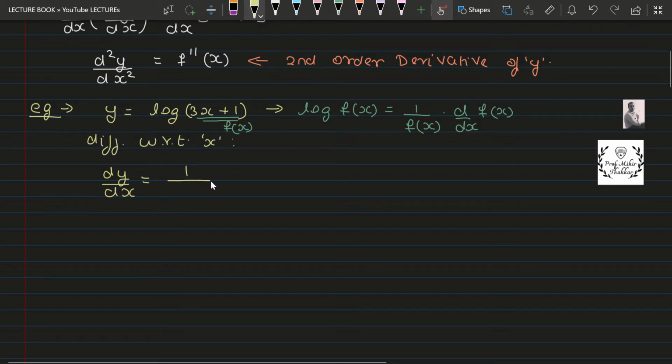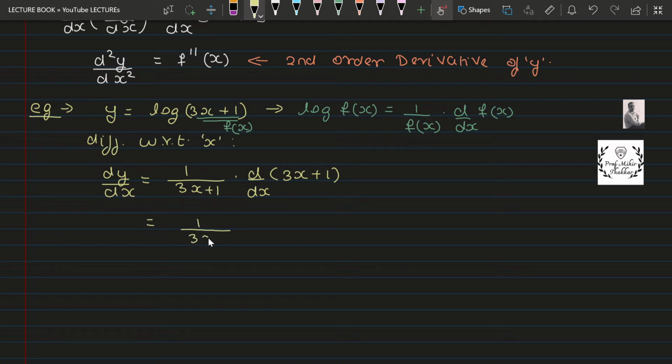So over here I get 1 upon 3x plus 1 multiplied by derivative of 3x plus 1. Now this 1 upon 3x plus 1 remains as it is. Derivative of 3x plus 1 is 3 into 1 plus the derivative of constant 1, which is 0. So I just get 3 into 1.